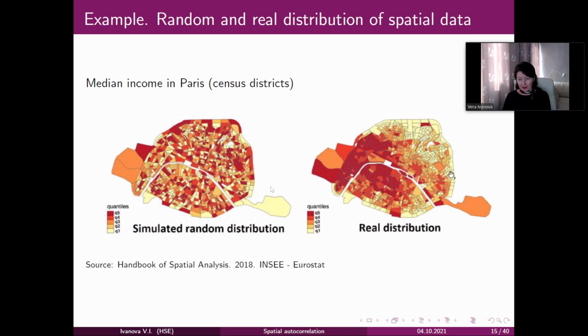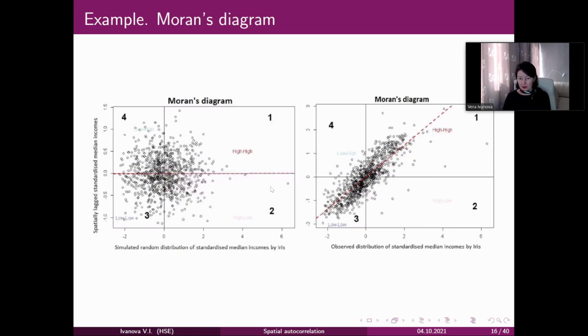And we can say that this picture should correspond to the higher spatial autocorrelation index. To interpret the spatial autocorrelation, we can use the Moran's diagram.